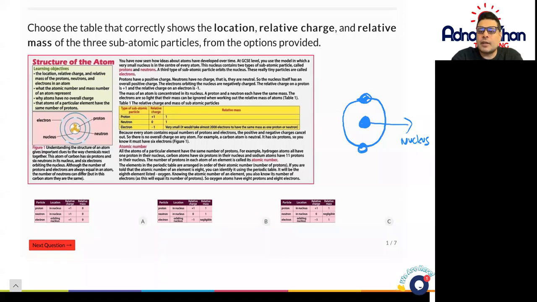Let's just give it a different color. So these are what we call electrons.